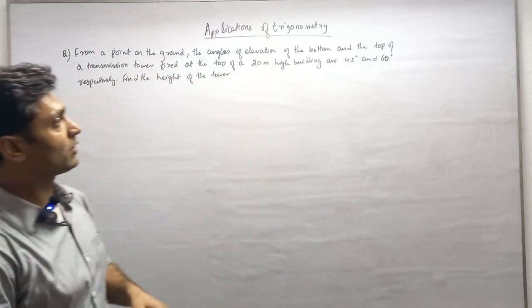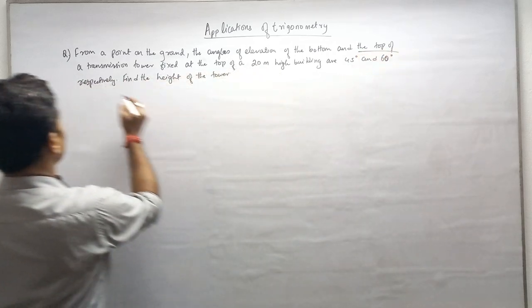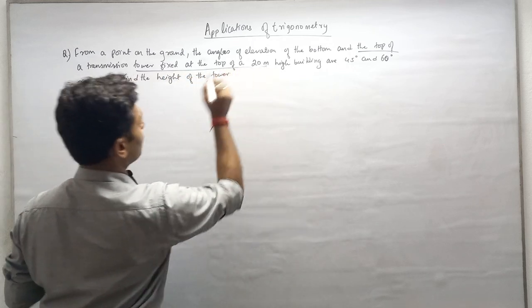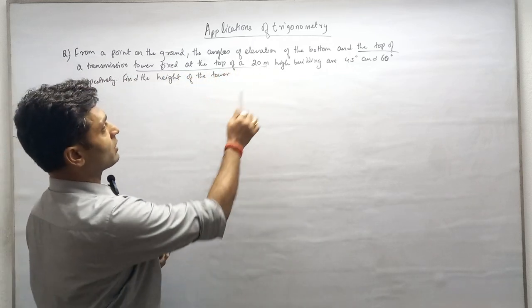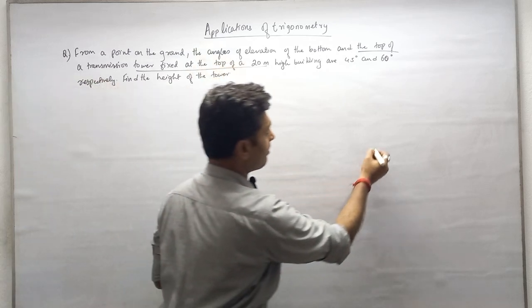Where is the transmission tower? The transmission tower is fixed at the top of the 20-meter high building.